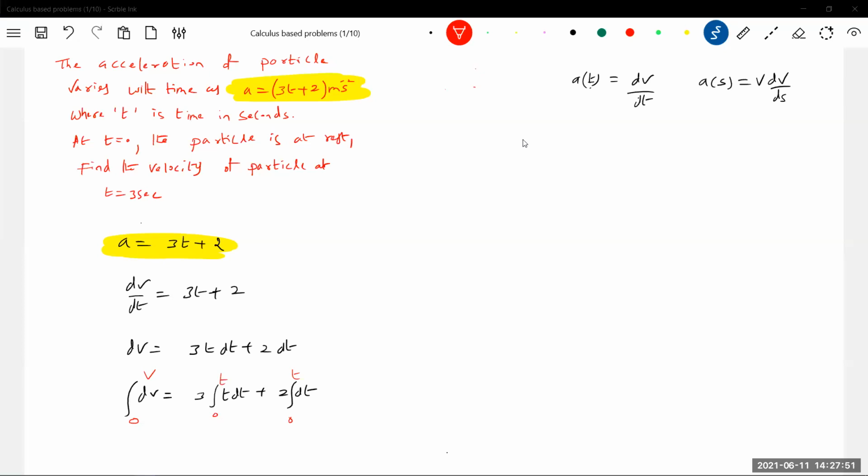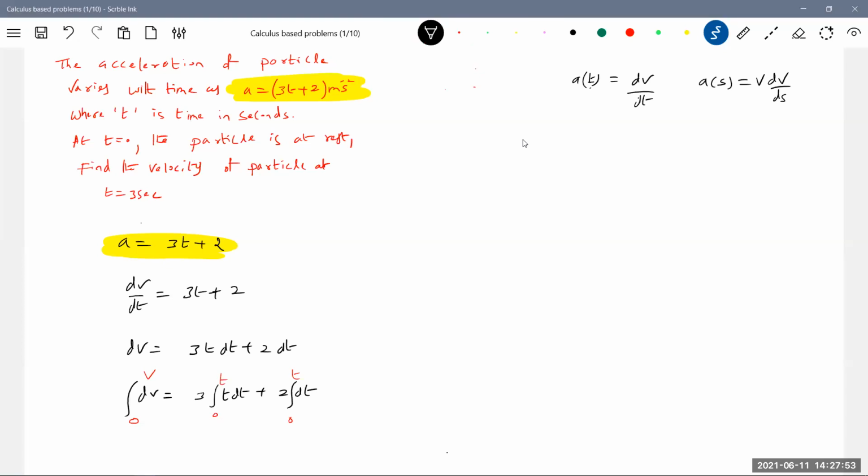Okay, Veena, yeah, agreed with the answer. This will be further: integral of dv will be v, equal to 3, the integral of t dt will become t square by 2, from 0 to t, plus 2, integral of dt will be t, from 0 to t.